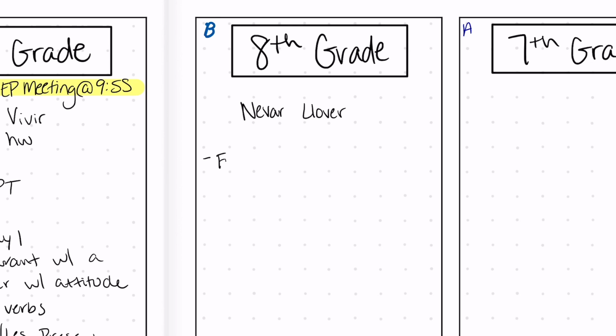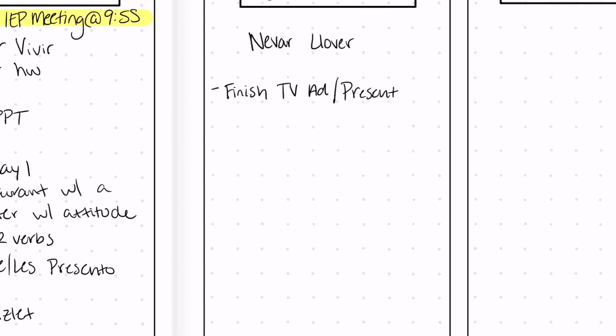We are going to finish the TV ad and we are going to present it. With those TV ads, it shouldn't take too awful long because the TV ad should only be about 30 seconds, 45 seconds or so. It shouldn't be too awful intense.